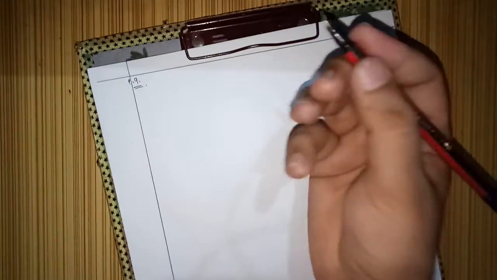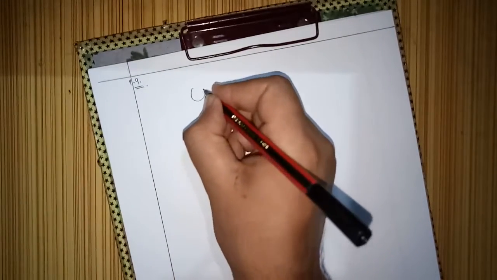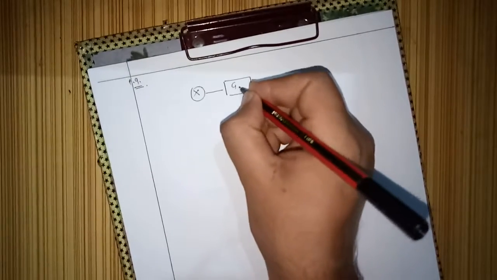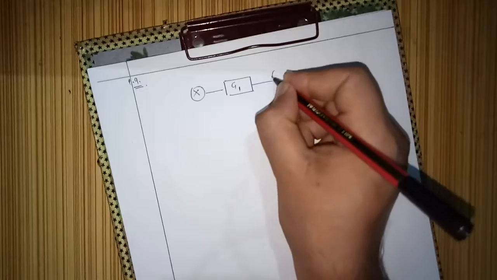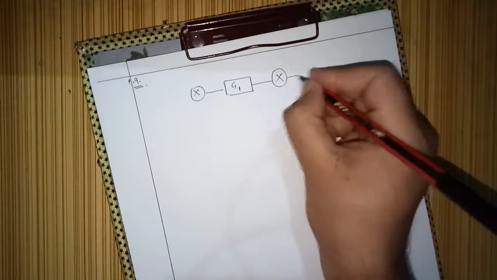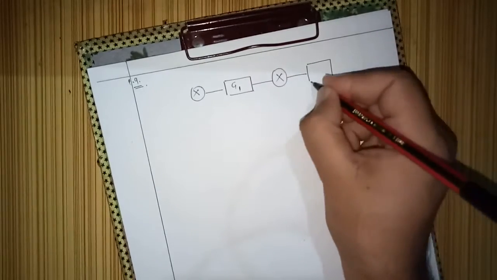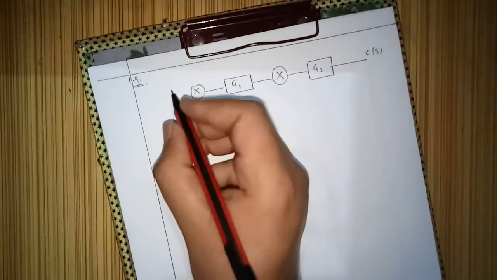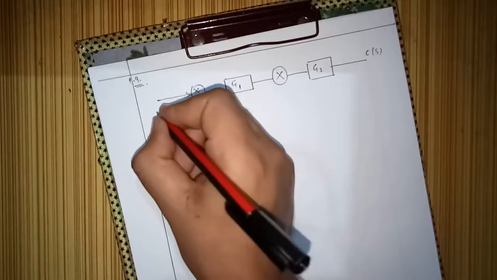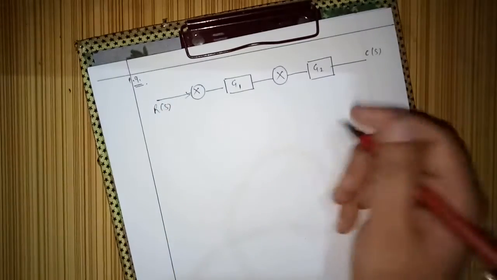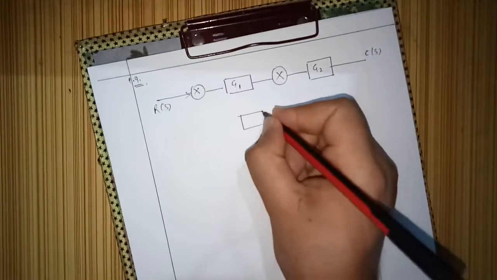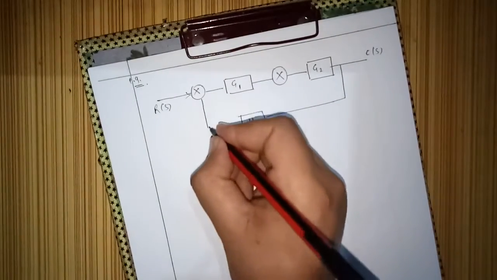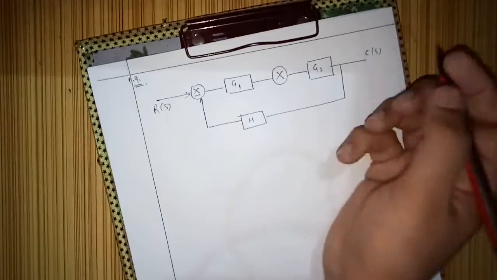We have a given block diagram, this one, this goes this way, g1, and this thing g2, and here it is coming output, right? And here it is input, and here we have a feedback h coming from output, and it is negative feedback.